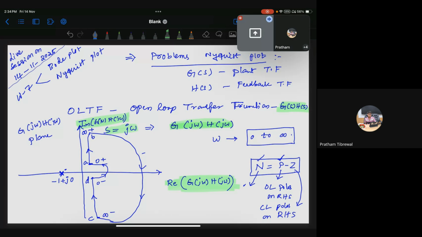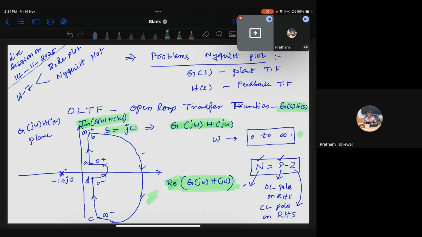Given the open loop system, we want to vary omega from 0 to infinity. For varying omega 0 to infinity, we want to plot the real part as well as the imaginary part of G(s)H(s). So this is the Nyquist curve.